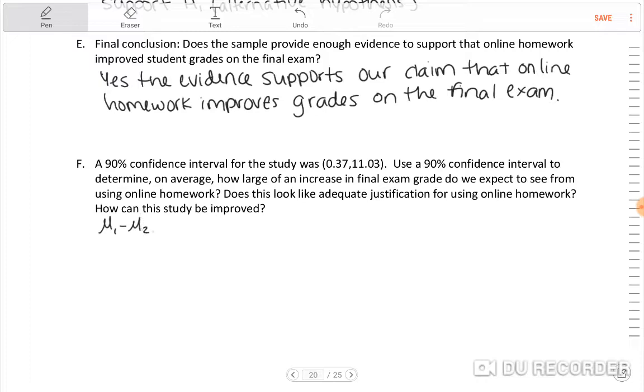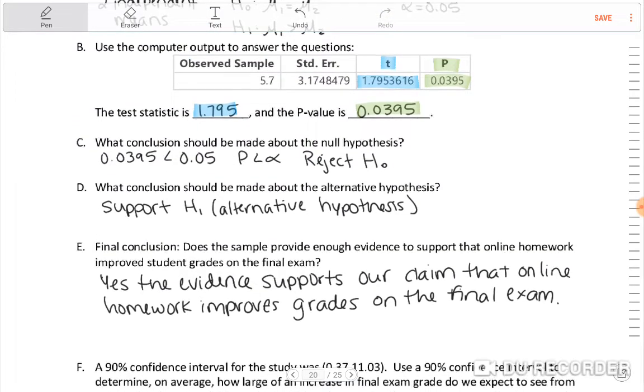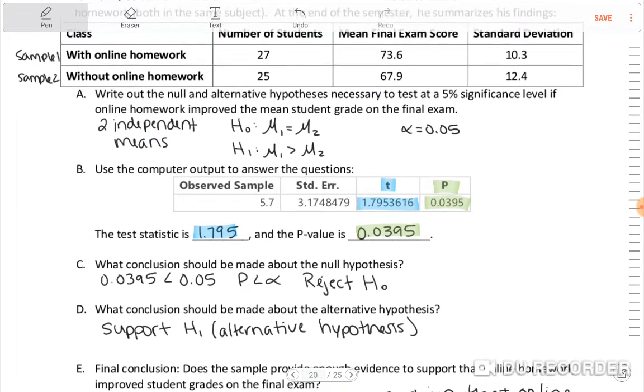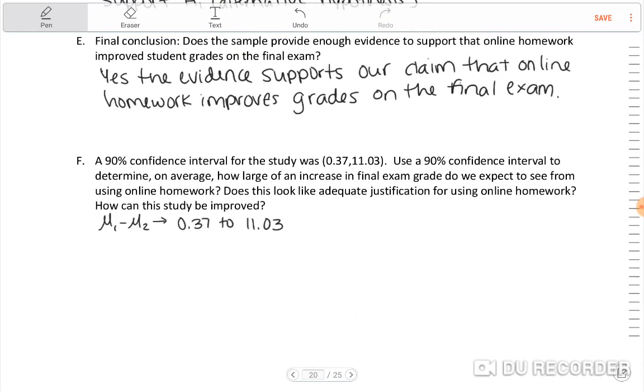Mu1 minus mu2 is going to be anywhere from 0.37 to 11.03. So in other words, my bigger one is the first one, right? So it's got a larger final exam score there, but it's only bigger by 0.37 to 11.03 points, right? That's what that means.